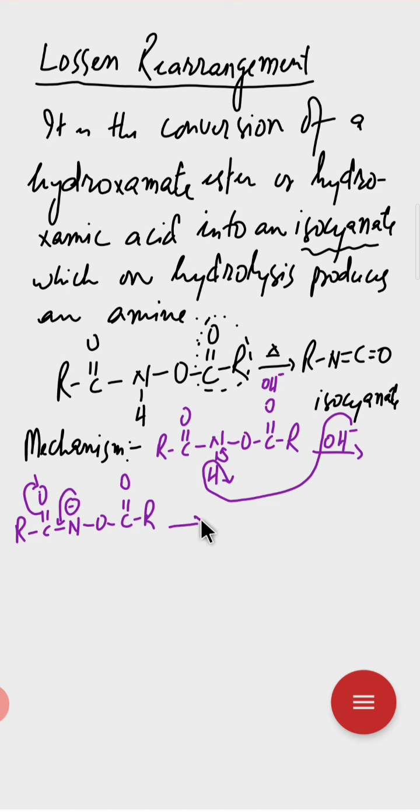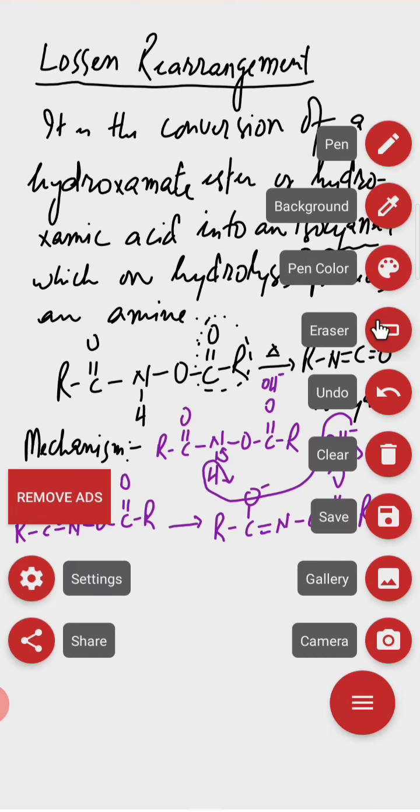So what we get is this one, RC single bond O minus, and there will be a double bond between nitrogen and carbon, and this is OC double bond OR. Now, let me change the color again.